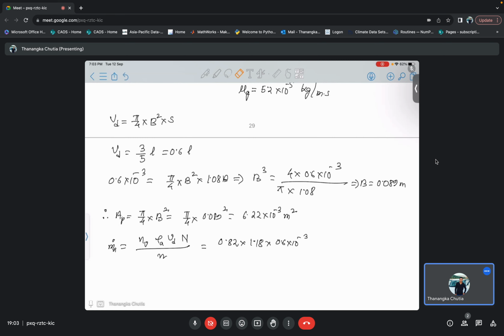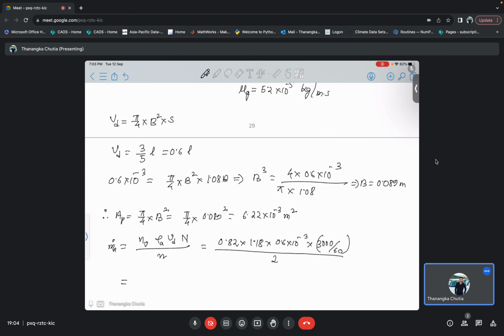N is 3000 revolutions per minute, so dividing by 60 gives revolutions per second, and since this is a 4-stroke engine, small n equals 2.